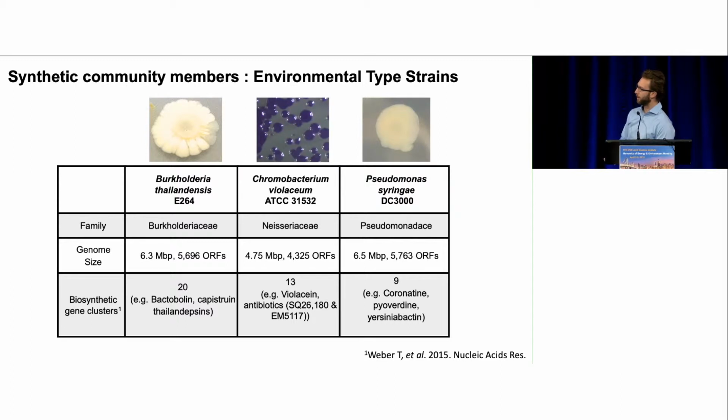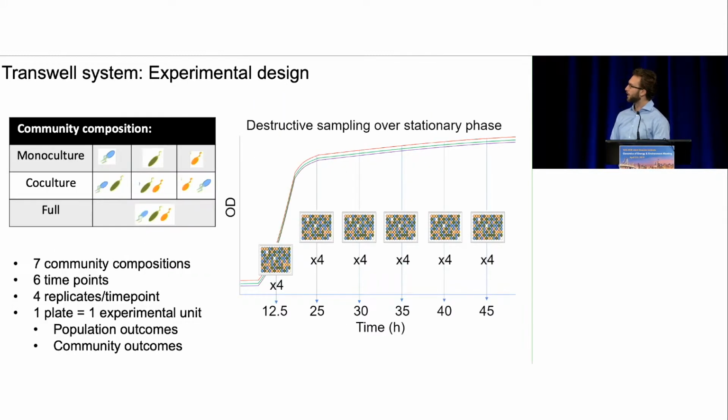These are characterized exometabolites for each of these community members that we can use to try to interpret the mass spec data. When I refer to biosynthetic gene clusters, I'm referring to a subset of exometabolites that I'll refer to as secondary metabolites that are used specifically for competitive interactions.